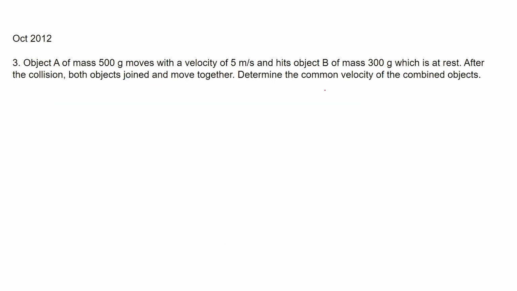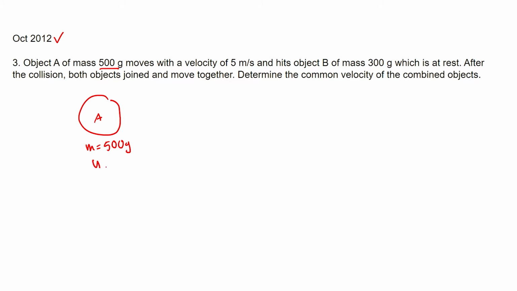Okay, next is question number 3. Question number 3 is a past year question, October 2012. So, read the question first. Object A of mass 500 gram moves with a velocity 5 meter per second.